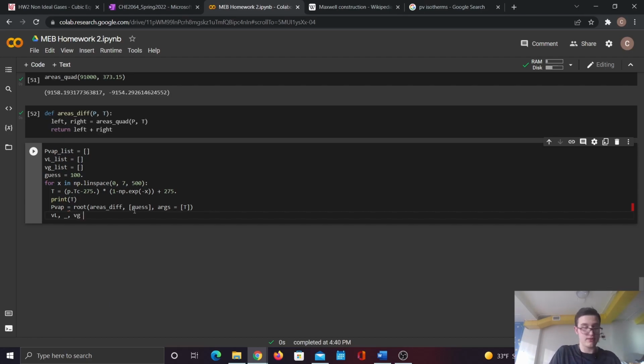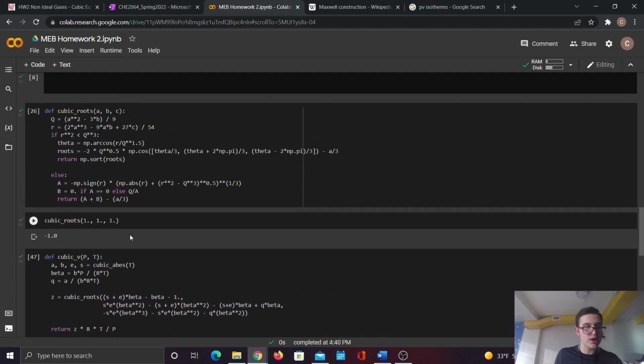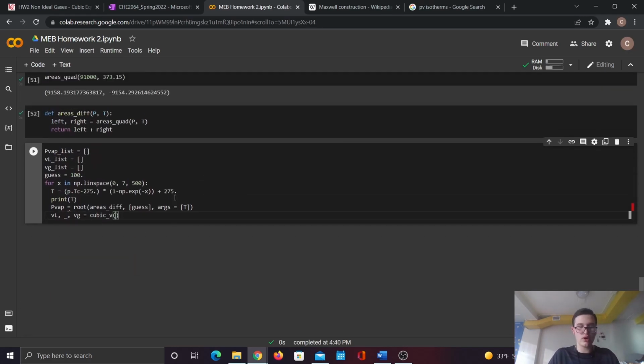And VG, gas volume, is equal to cubic V with, let's look up pressure and temperature. So we're looking for PVAP as our pressure and T as our temperature.